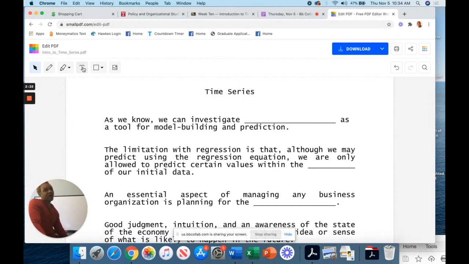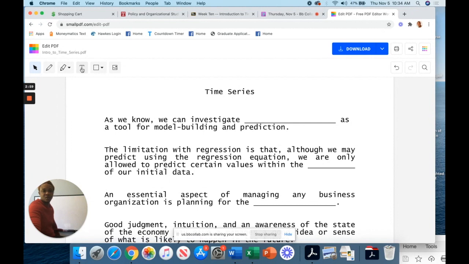If you have an account with Adobe Acrobat, you can go to edit there, and it'll allow you to type on it. I've seen some students turn in PDFs, so they were able to find a way to write on it. The foolproof way is just to print it out and write on it by hand. But if you go to, I don't know if you can see my website up here, smallpdf.com, it'll allow you to upload the PDF, and then it'll let you write on it. Okay, yeah, I don't have a printer, so I'm going to go to that website.